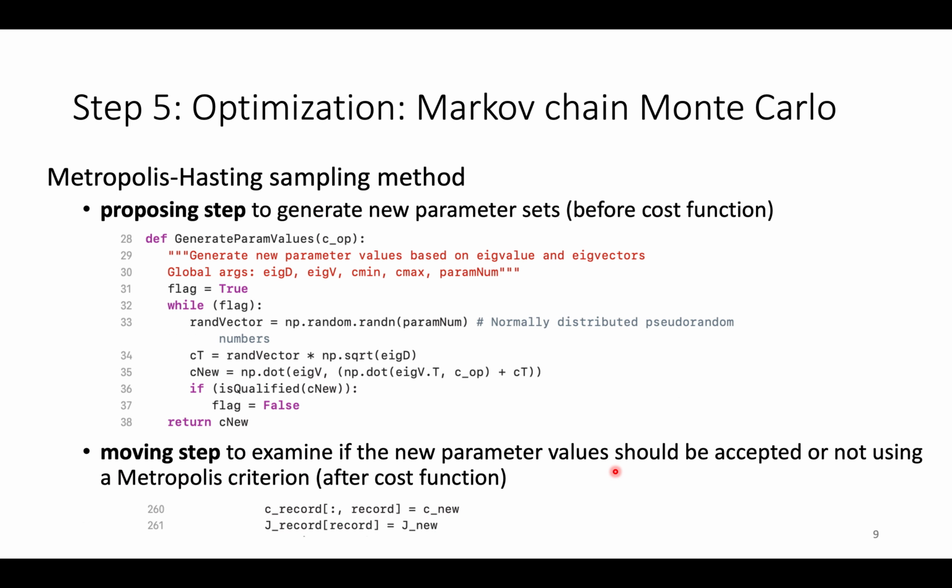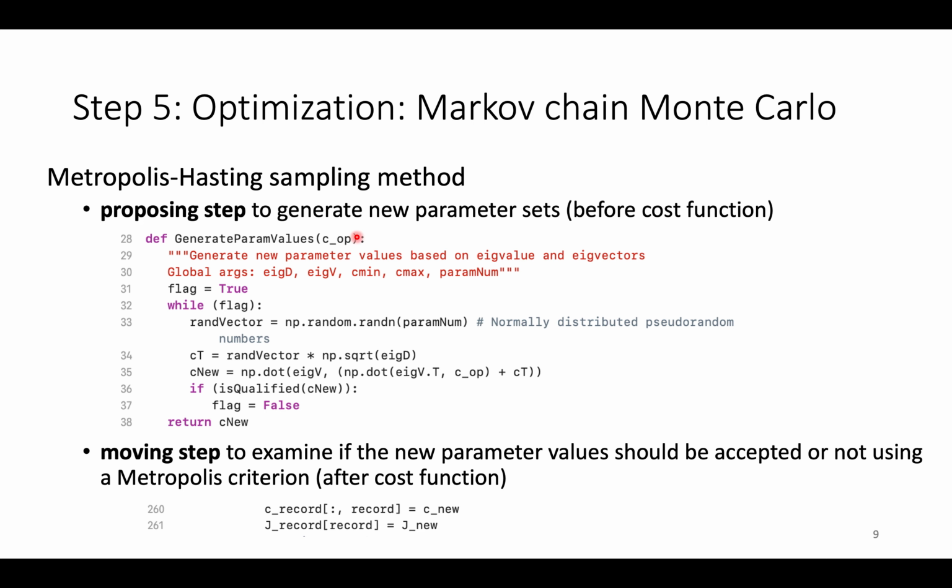The optimization method in this study is MCMC. Specifically, it is implemented by the Metropolis-Hastings sampling algorithm. It iteratively executes two steps until the preset iteration number has been reached. The proposing step is to generate new parameter values using this function.